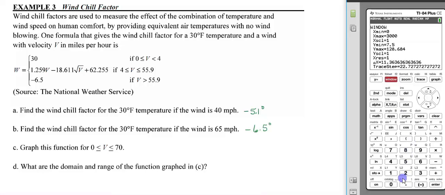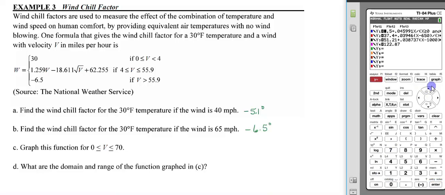So one thing that we can do is go ahead and set our window from 0 to 70, and then we'll clear out our old functions and put this function in of 30 slash, parentheses, x being greater than or equal to 0, logical operator of and, x less than 4.